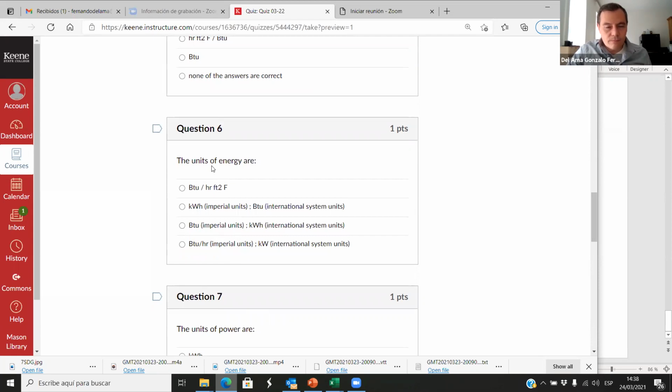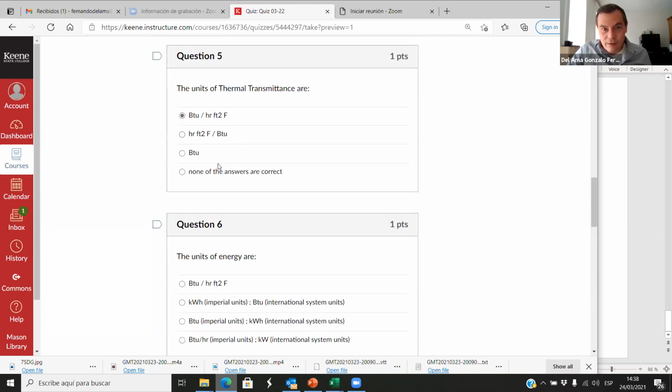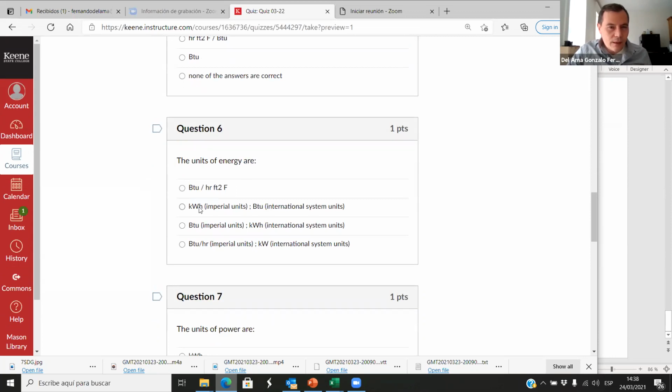The units of energy. Okay, so here we have the same question. Is this a unit of energy? No, this is the unit for the thermal transmittance. This is not energy. Is kilowatt hours in imperial units and BTU in international units? BTU is imperial and kilowatt hours is international, so there's a mistake here. Is BTU in imperial and kilowatt hours in international?